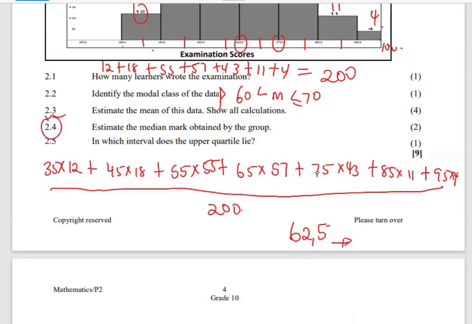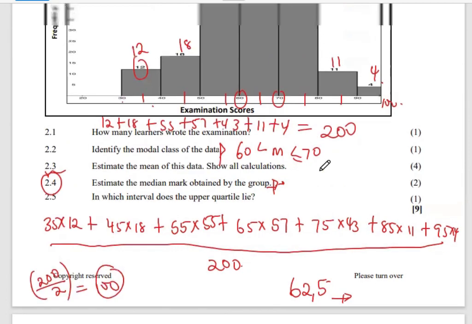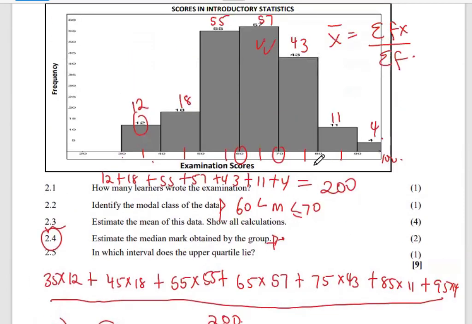Then 2.4, how do we estimate the median mark of the group? So with the median mark, we know that the total is 200. 200 divided by 2, we're going to get what? 100. Now let's try to add up all of these numbers and see where we get 100.